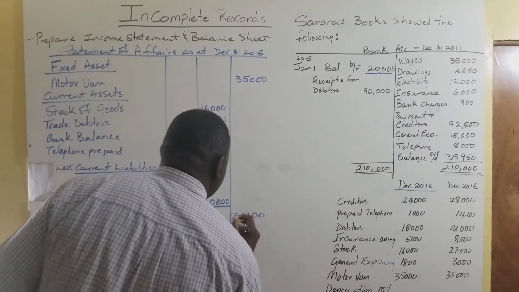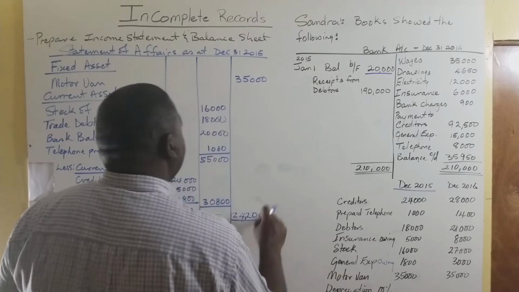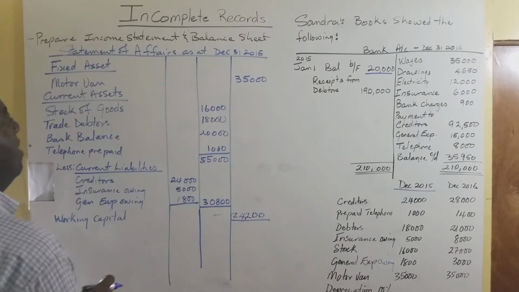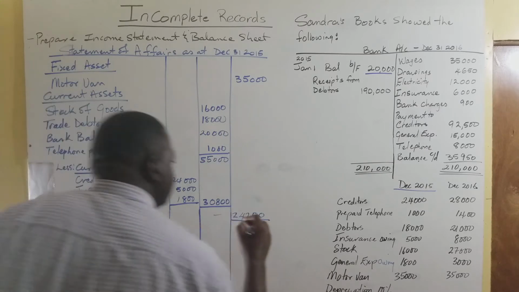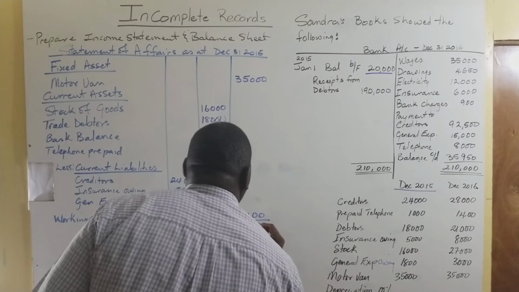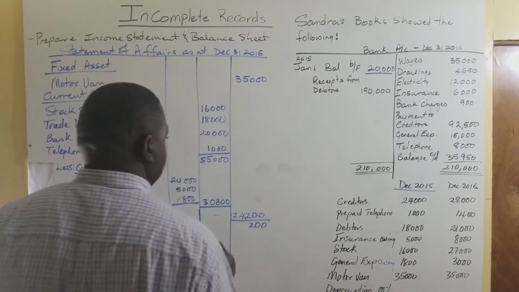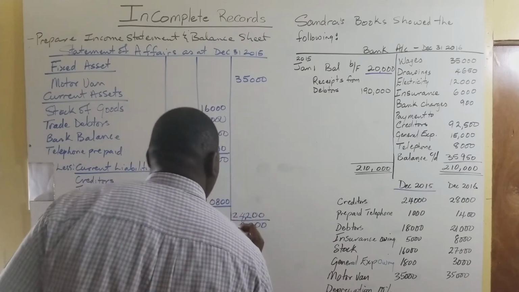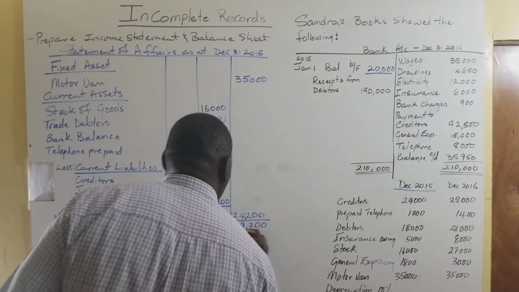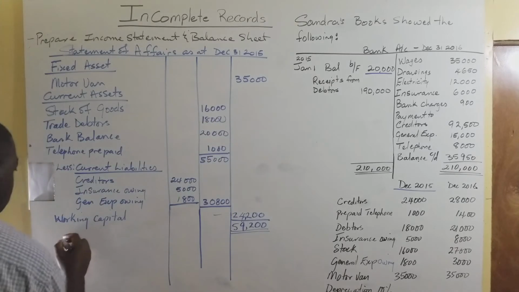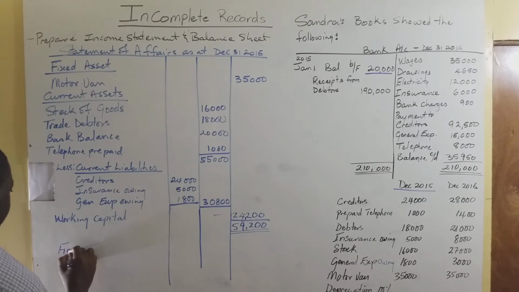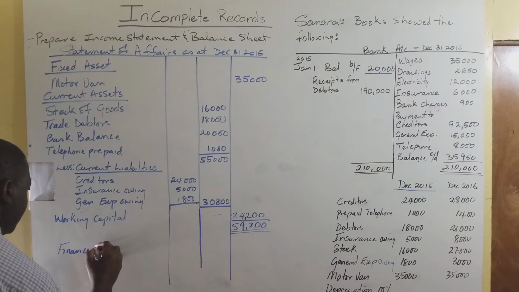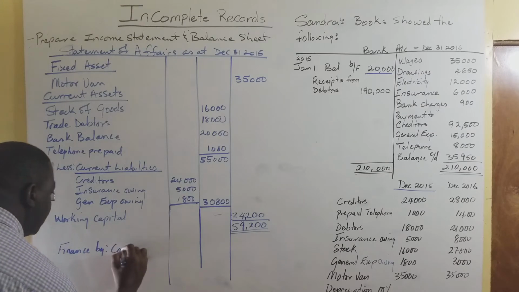So we can now add the working capital with the fixed asset. That is going to be 2 here. That's 9. And that's 5. So we come to this segment, finance by, and the capital.